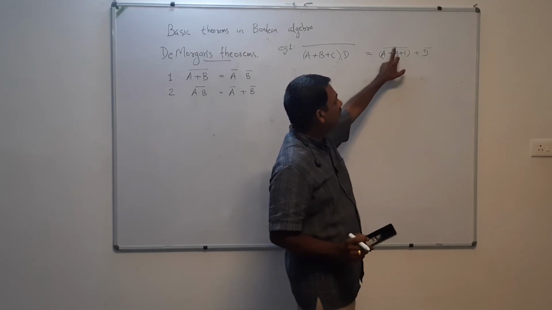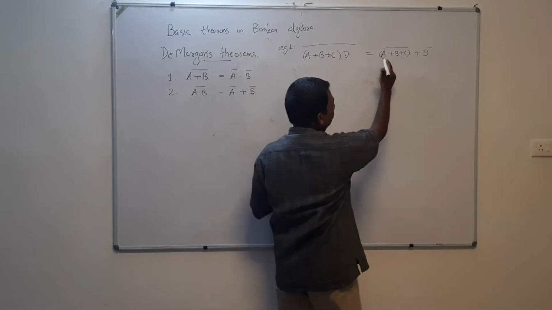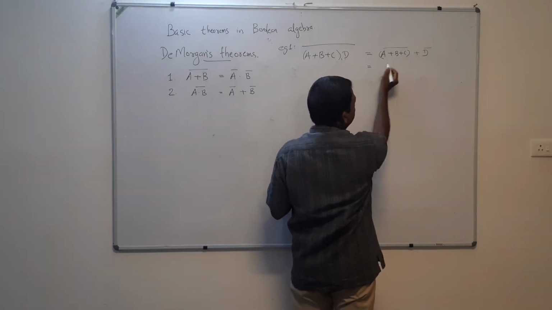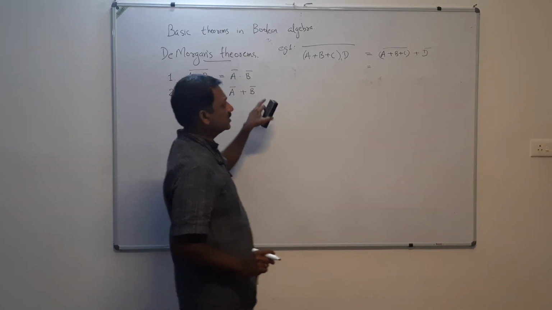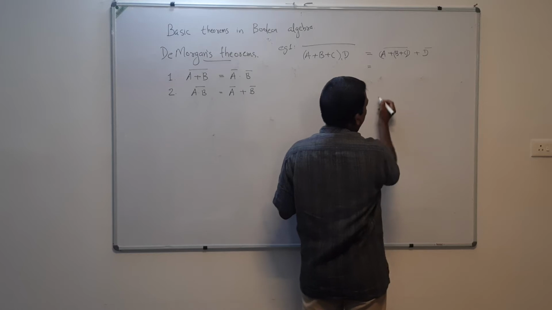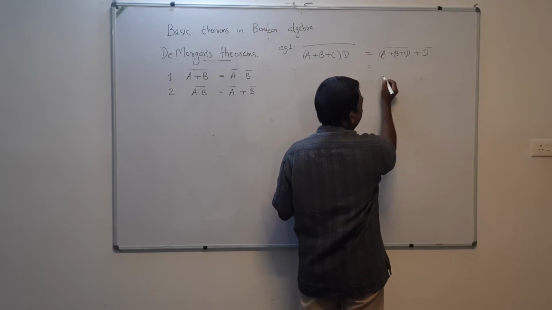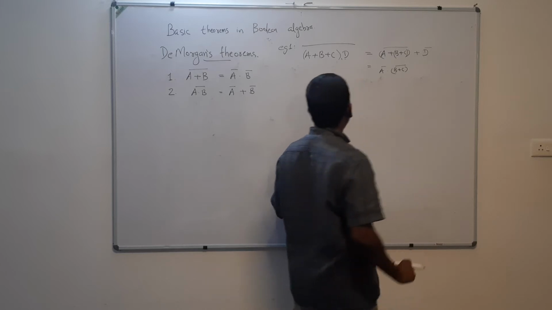Now you have to remove this dot. A plus B the whole bar is equal to A bar dot B bar. Just like this, you can write this A plus B as A plus B plus C. Now what is A plus B plus C the whole bar?